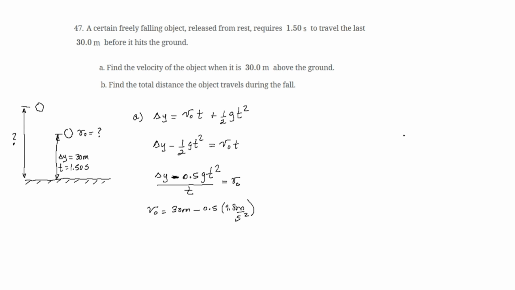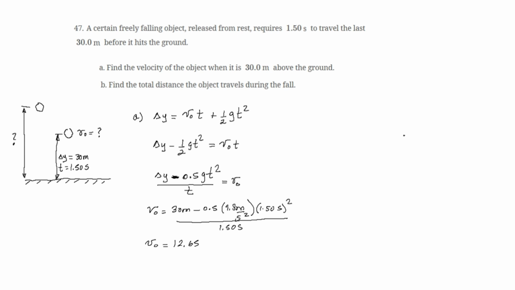It's 1.50 seconds squared. And all these divided by 1.50 seconds. So when we perform those calculations, we're going to have that the velocity of the object when it was 30 meters above the ground was 12.65 meters per second.